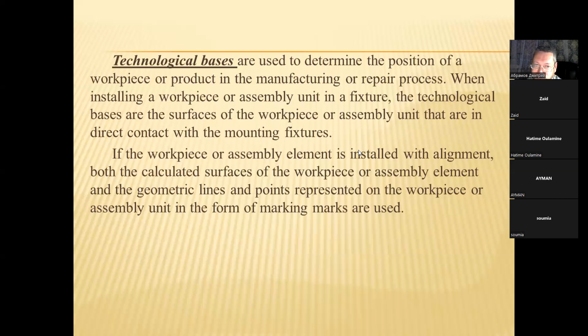If the workpiece or assembly element is installed with alignment, both the calculated surfaces of the workpiece or assembly element and the geometric lines and points represented on the workpiece or assembly unit in the form of marks are used.